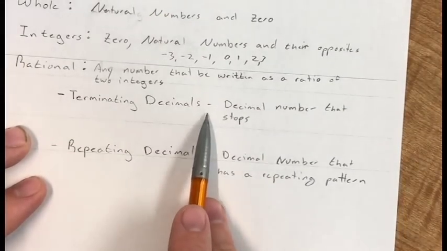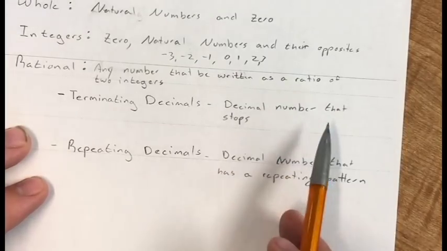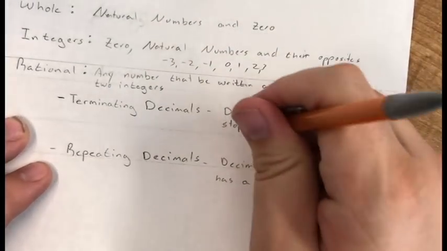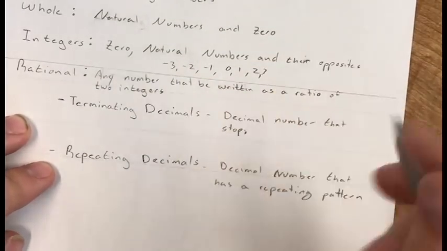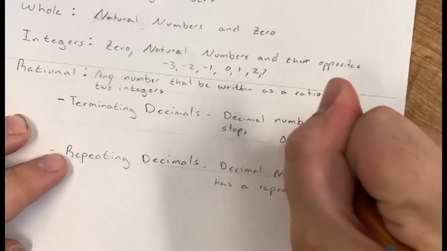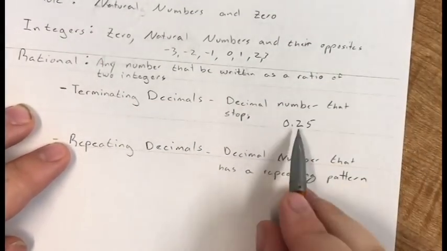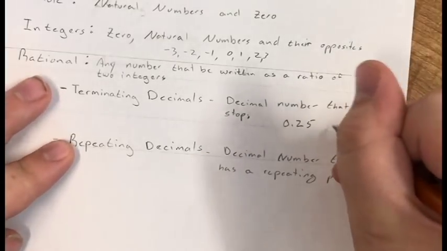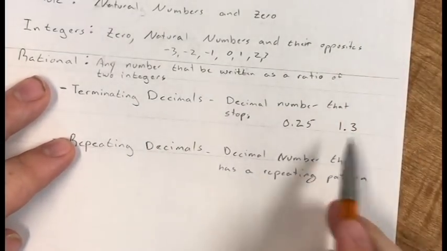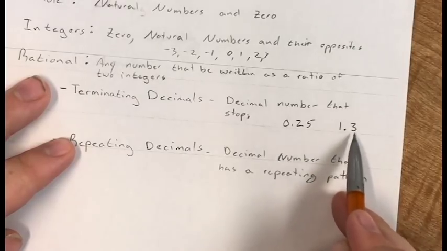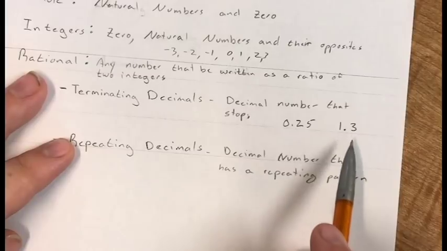Terminating decimals are simply decimal numbers that stop. So an example of that would be something like we wrote a while ago, 0.25. This is a decimal number and it stops at 0.25. Or we can write 1.3. It stops. It terminates. There's nothing after the 3. It's done. This is a terminating decimal.